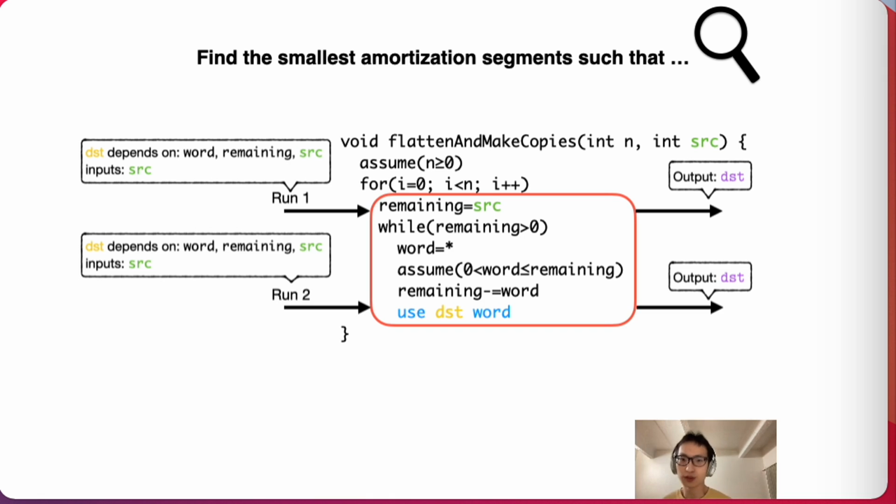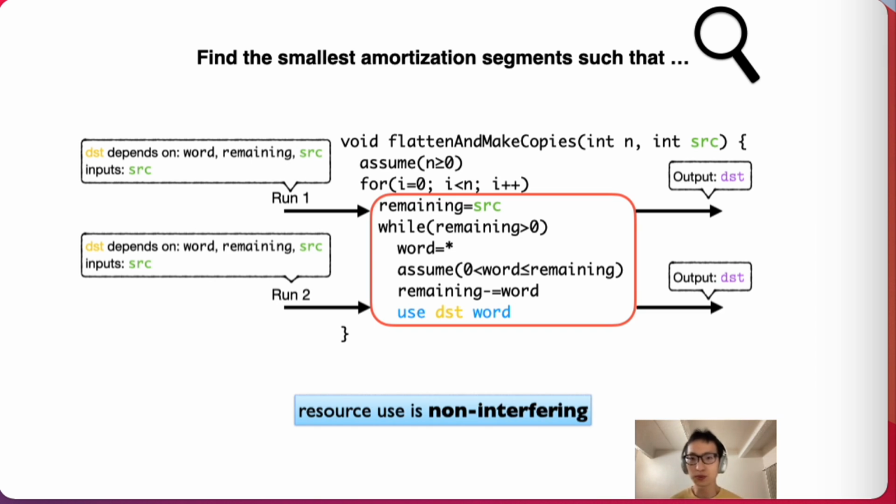Since we can prove that source is the same on input whenever we enter this segment, the decomposition is precise. Or we say that the resource used in this segment decomposition is non-interfering, by analogy to non-interference in security analysis.